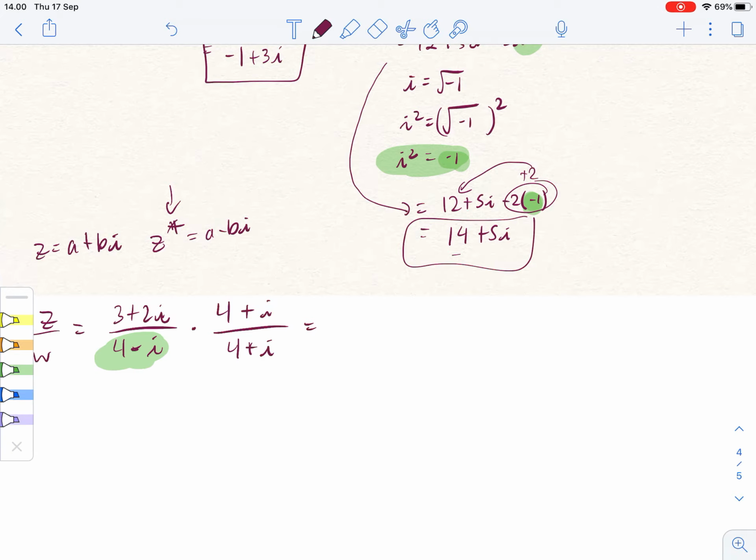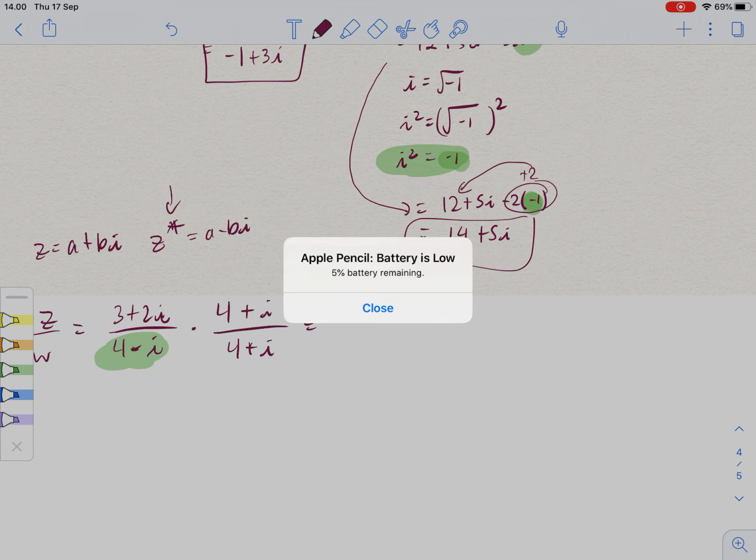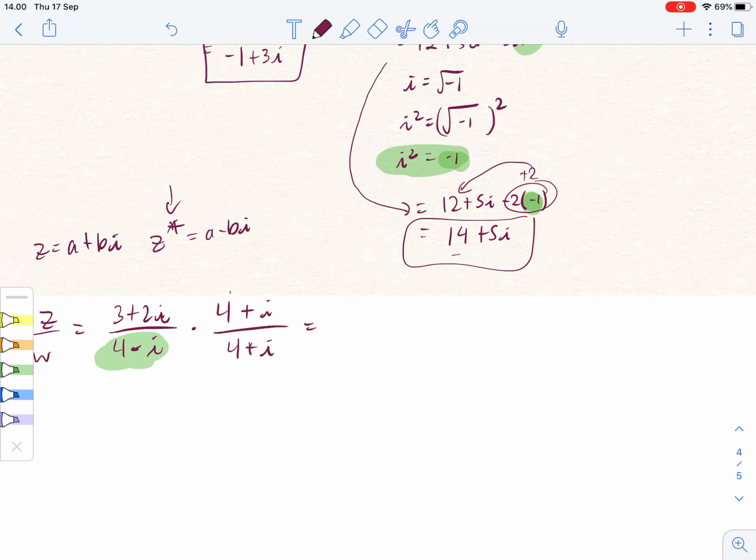All right, so then we're going to go ahead and multiply through here on top. I'll do that first. So that is 4 times 3 is 12. 4 times 2i is plus 8i. Then I have i times 3, it's plus 3i. And then an i times 2i, so that's plus 2i squared.